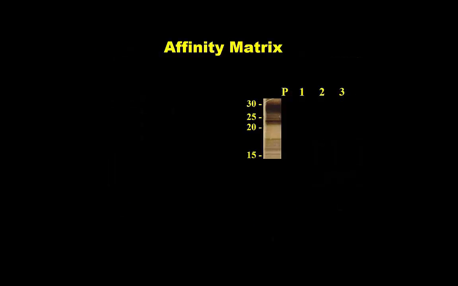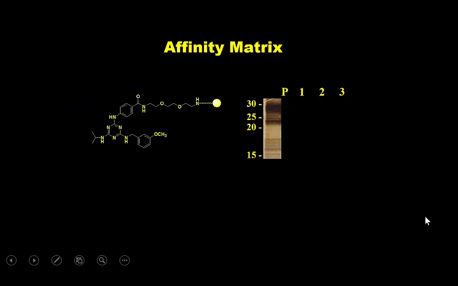Then let's practice a little with this affinity matrix in a real example. If this is a whole cell extract, you make a cell extract and run the gel, and usually you can see hundreds to thousands of bands in the SDS gel. Now, utilizing this affinity matrix, if you apply this whole protein extract, wash out, and take out only the bound proteins by SDS boiling, then you can see a limited number of proteins.